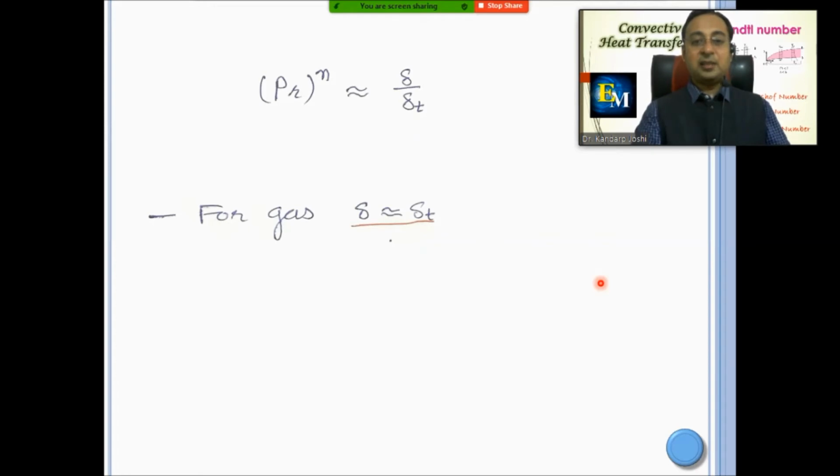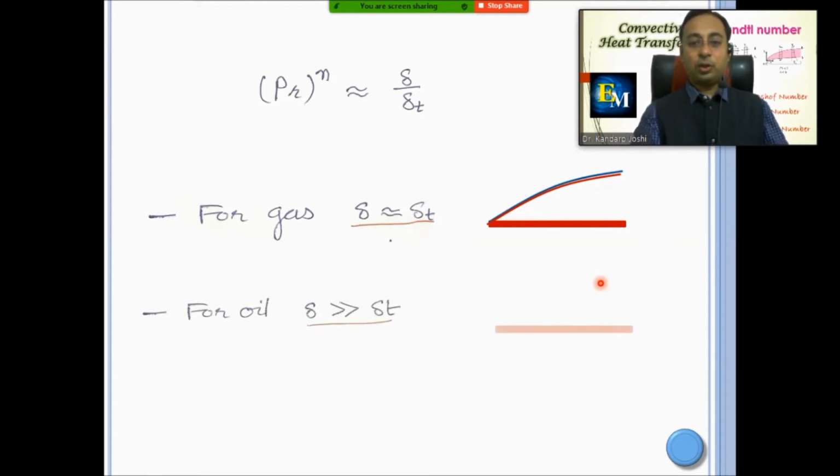For gases, delta is nearly equal to delta T because the thickness of the velocity boundary layer and the thermal boundary layer is almost the same for gaseous fluids. For oils, the velocity boundary layer thickness is somewhat greater than delta T.